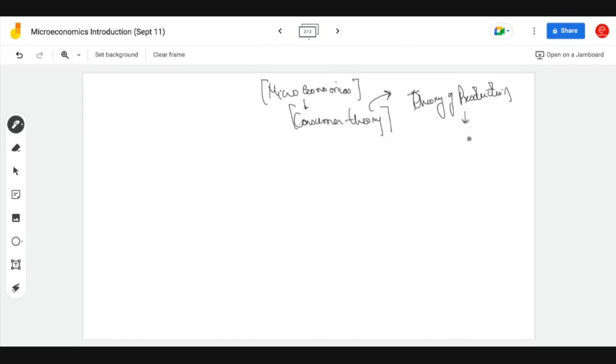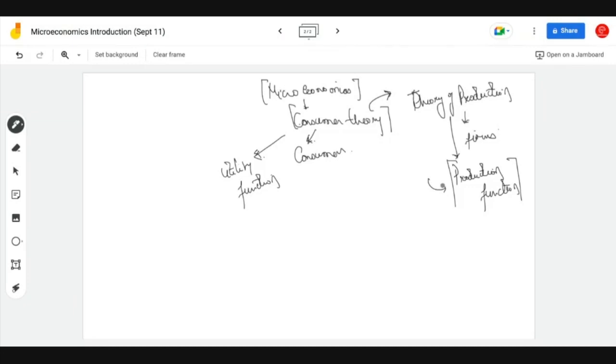Theory of production talks about firms, while consumer theory talks about individual consumers. For consumption, we talk about the utility function. Within theory of production, we talk about the production function, which means the way in which any good is to be produced. So we'll start with consumer theory.